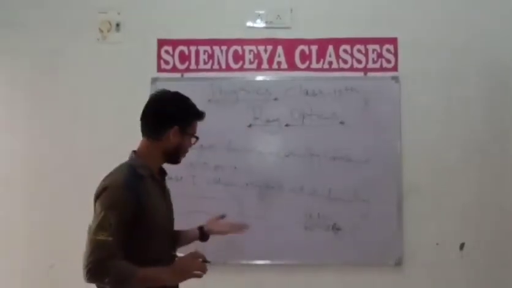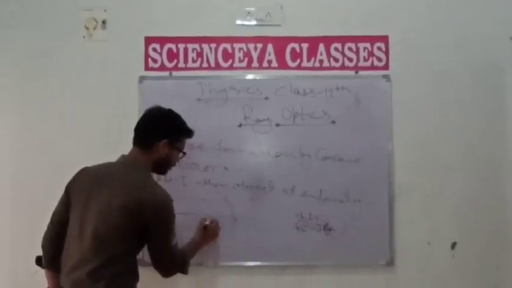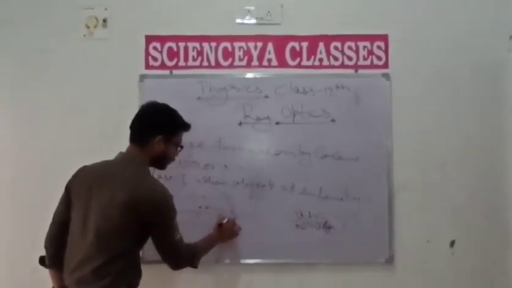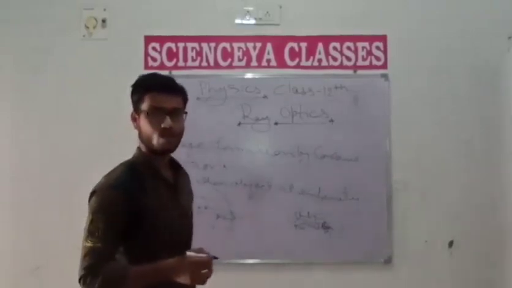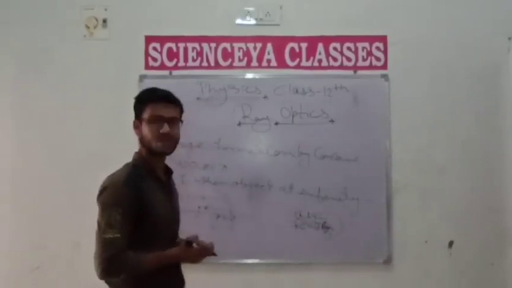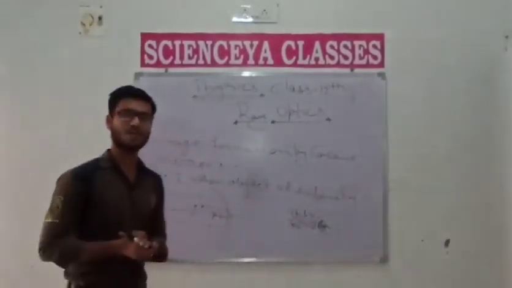And students, we initially discussed what is the pole, what is the focus, what is the center of curvature, what is radius of curvature, what is focal length, what is focal plane, what is terminal rays, what is subaxial ray, what is magnification, what is angular magnification.